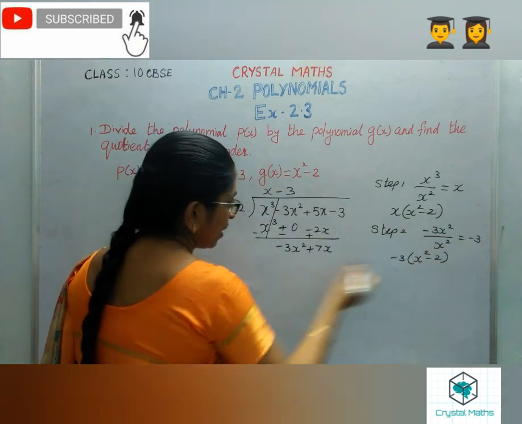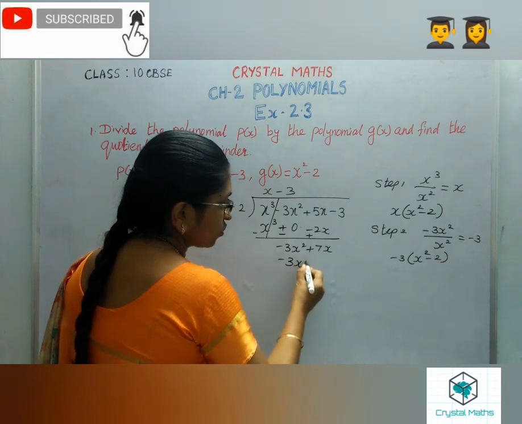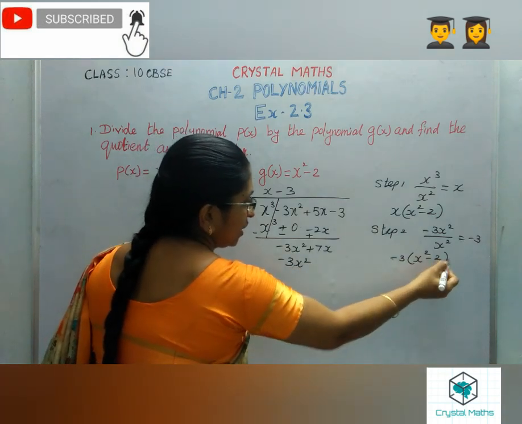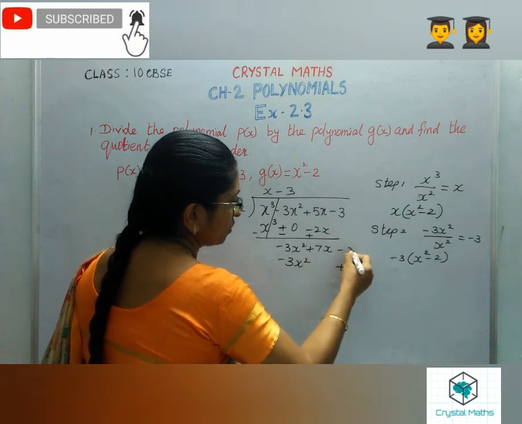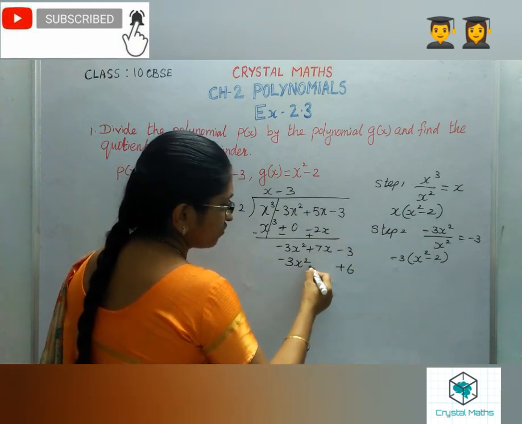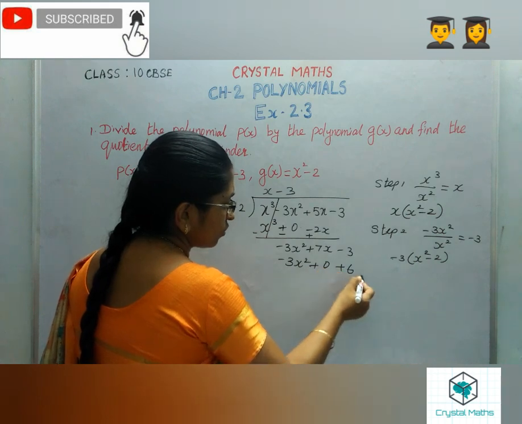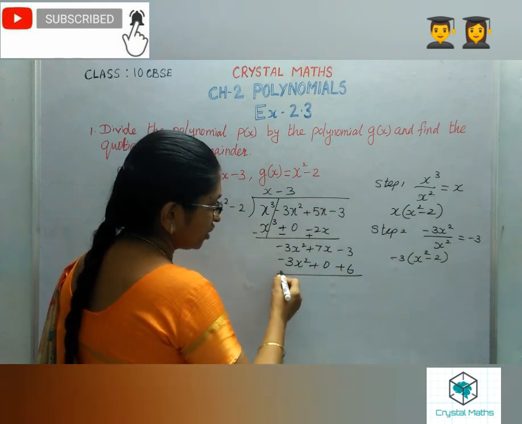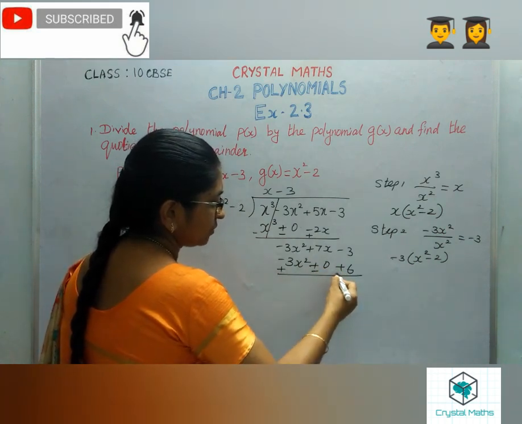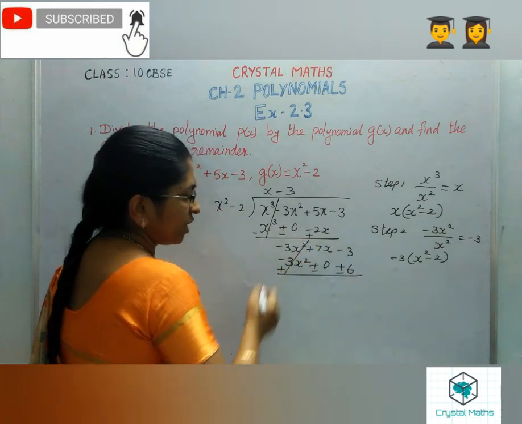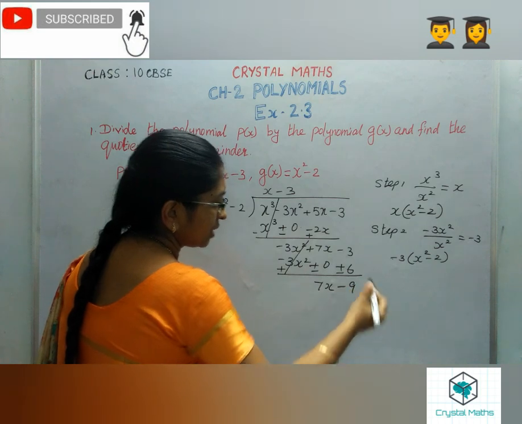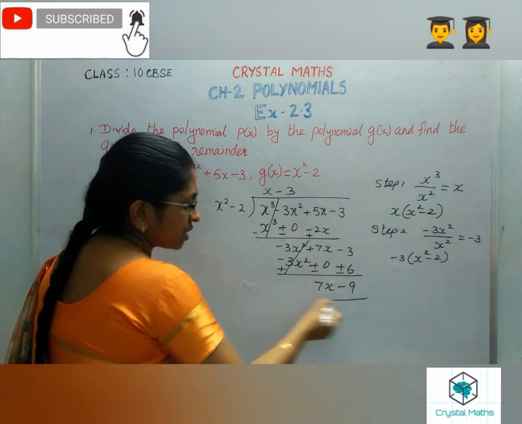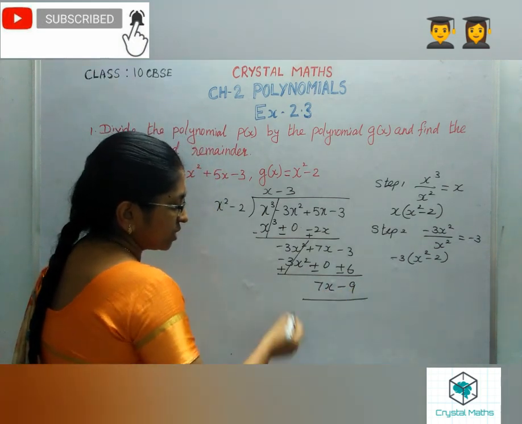So we are getting minus 3x squared, minus 3 into minus 2, plus 6. Here in x place we don't have any term, so we are writing 0. Then change the sign and add. When we add, it will get cancelled. So we are getting 7x minus 9. This is our remainder r of x.